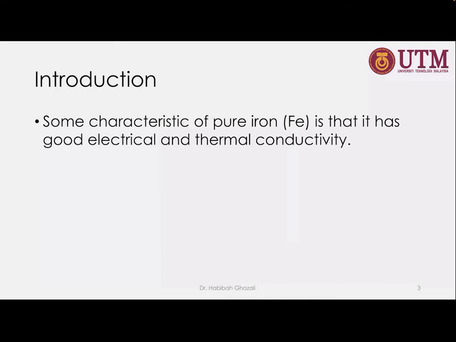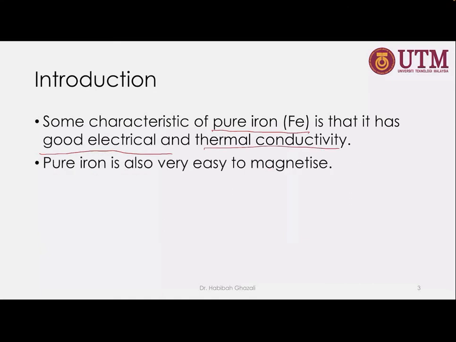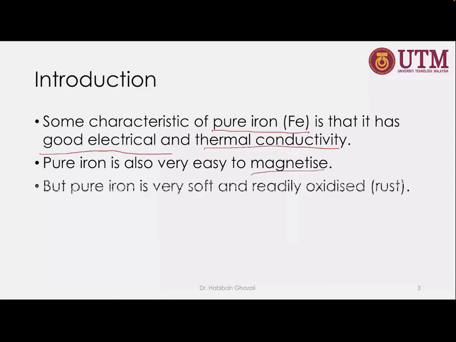The characteristics of pure iron. It has good electrical and thermal conductivity. Pure iron is very easily magnetized. But pure iron is soft and readily oxidized, forming rust. This is the major drawback of using pure iron.